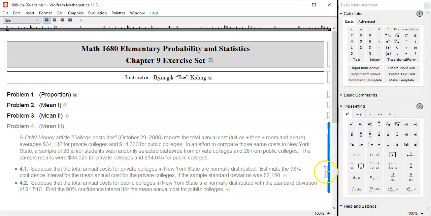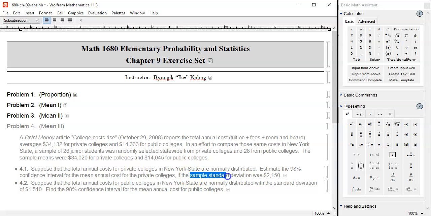Now this is a little easier problem because it explicitly said this was the sample standard deviation. It's not sigma, it's S. So population standard deviation is not given, so it's unknown.